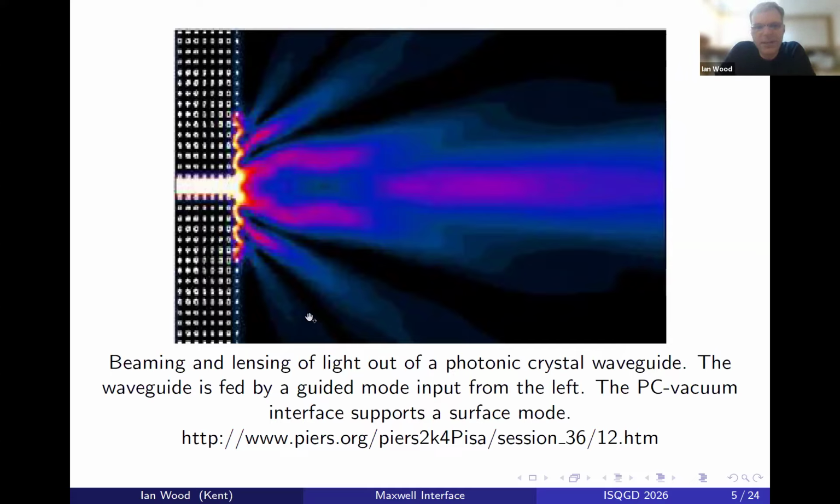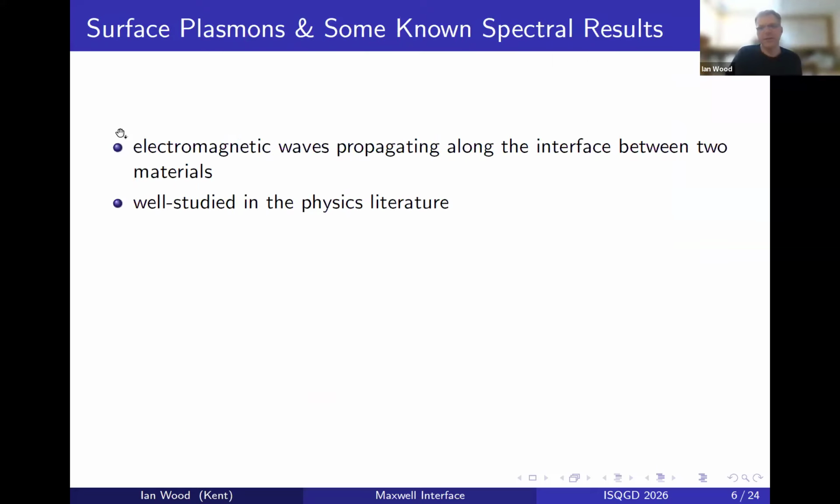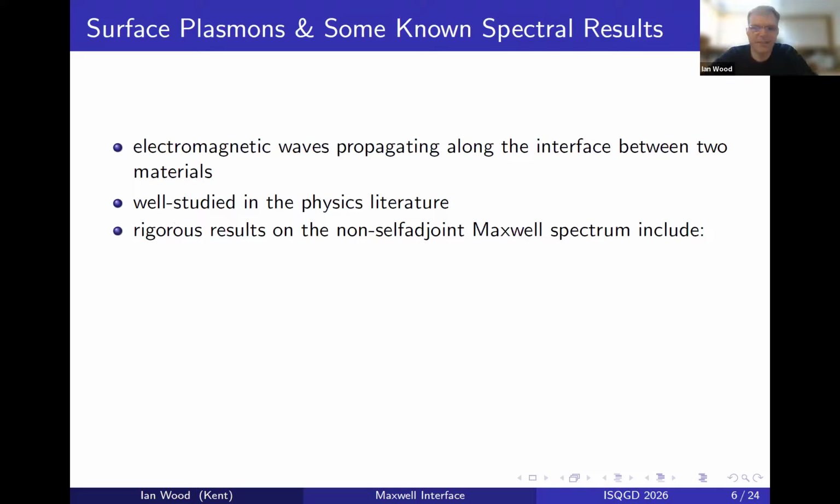Okay, so now the light here along the surface is often called a surface plasmon, right? The physicists study these a lot, so there's a lot in the physics literature. There's not so much in the maths literature on these, and so I've now got a list of some results for more general, just non-self-adjoint Maxwell problems.